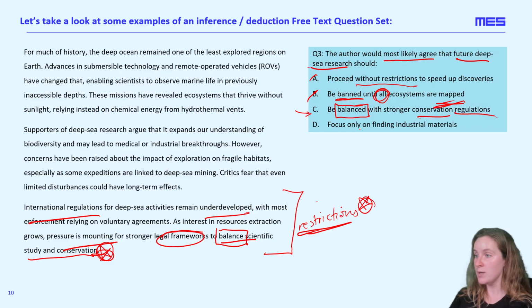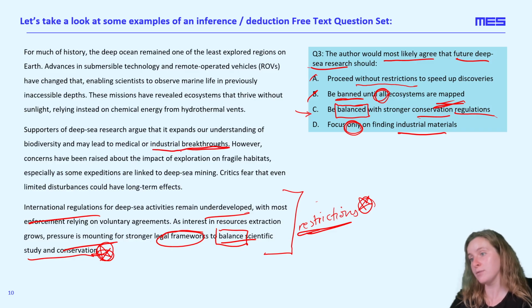Focus only, again a definitive word, on finding industrial materials. Now, the only time we had industrial materials is here in this second paragraph, where supporters of deep sea research are arguing for it, but that doesn't mean it's true.